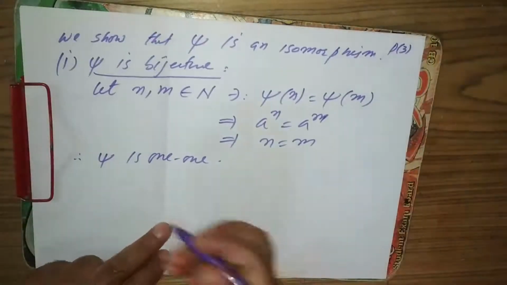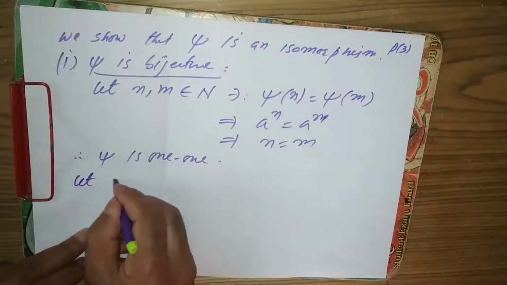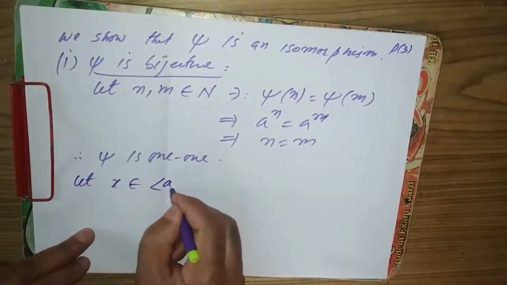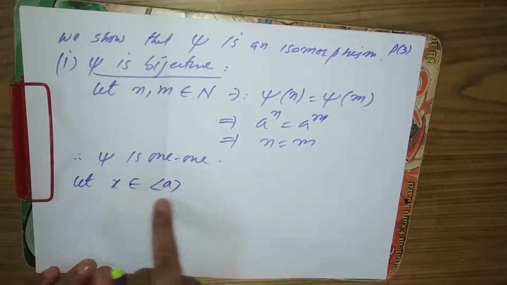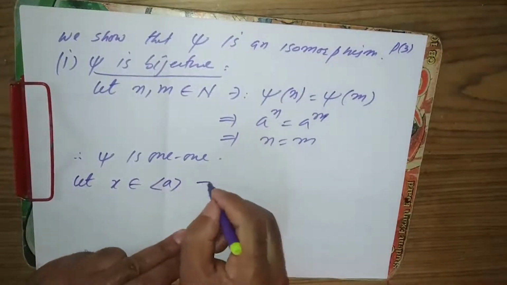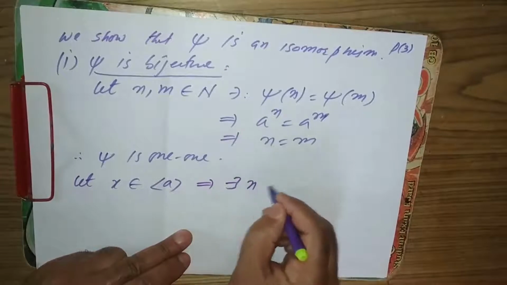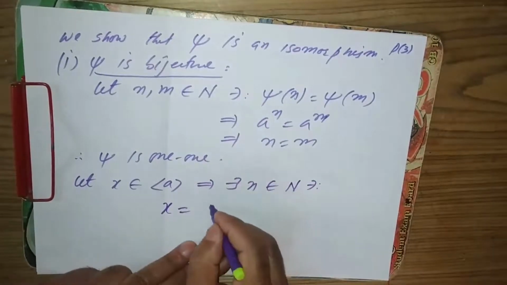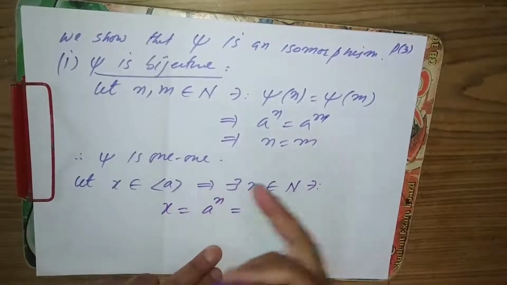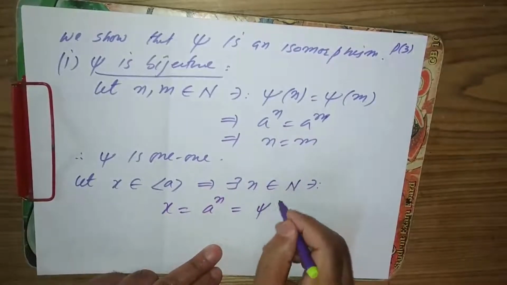So let's choose any element. Let x belong to the monogenic semigroup. Since all the elements of that semigroup are powers of a, there is some n belonging to N such that x is equal to a power n, but by definition a power n is equal to psi of n.